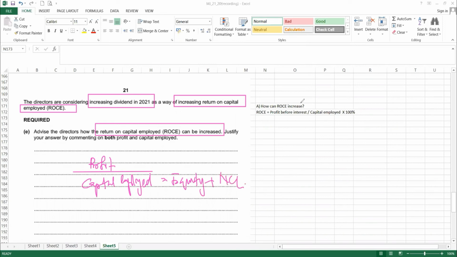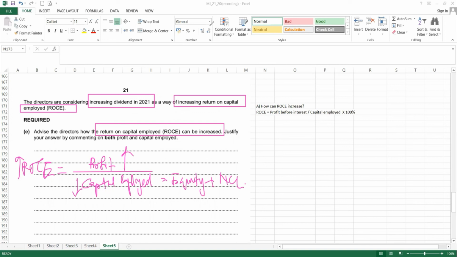If we want to make this ROCE increase, we must make the profit increase. Okay, that is one of the ways. Then this ROCE will increase. Or another way is to reduce this one, capital employed, and ROCE will increase.